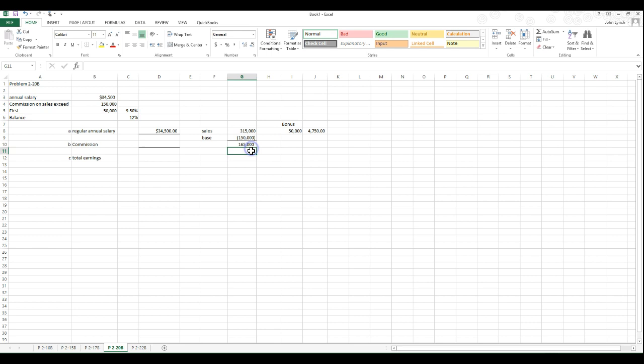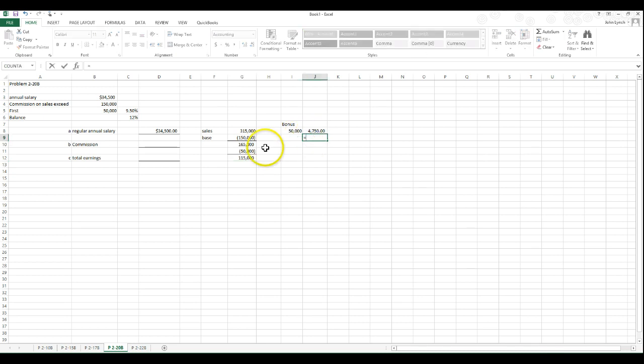Then we take over here, we subtract off the 50,000 because that's the bonus portion. So then that means 115,000 will be at the 12%.